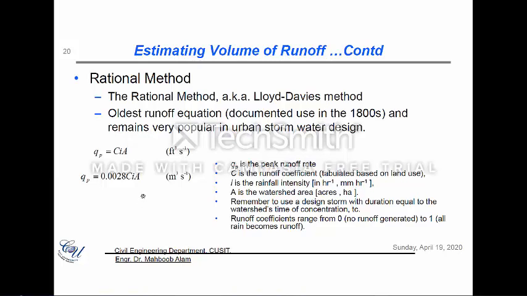So these are the two very simple formulas. If you have the intensity of rainfall and the total area of the catchment, then all you need is the C value, which would be coming from the tables that I'll be showing you now. And then you can find out the total discharge that is coming from a certain intensity of rainfall.